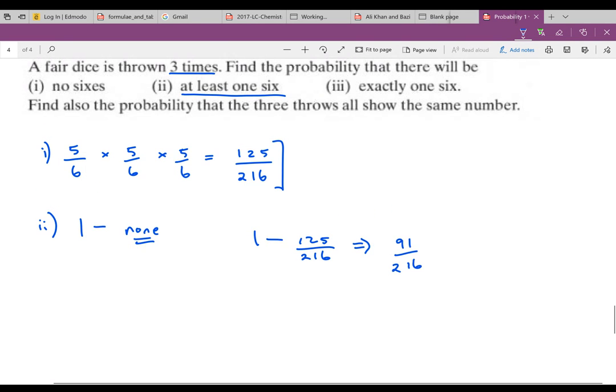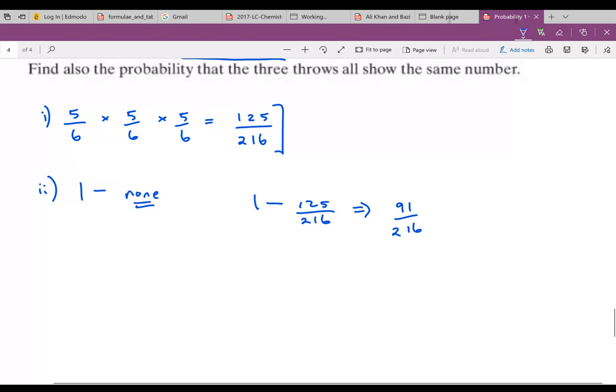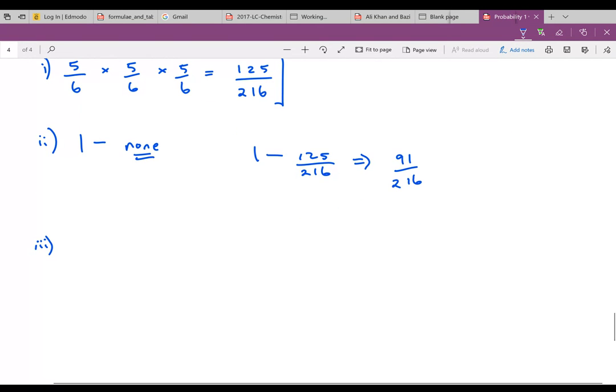And the probability that there is exactly 1 6. Now there is exactly 1 6. I can have a 6 on the first throw. So that's 1 over 6. And if it's a 6 on the first throw, that means the second throw can't be a 6, and the third throw can't be a 6.